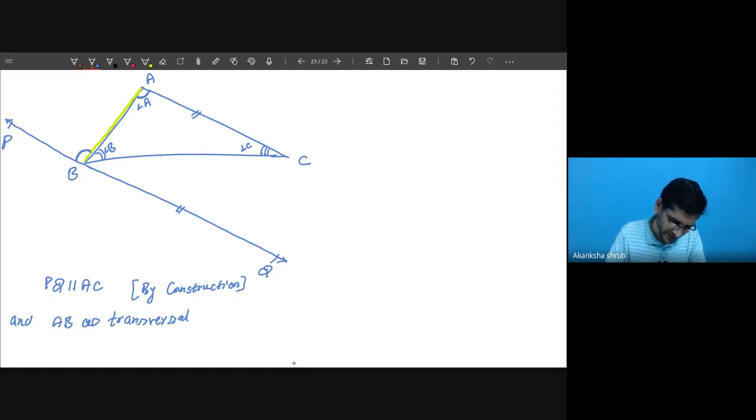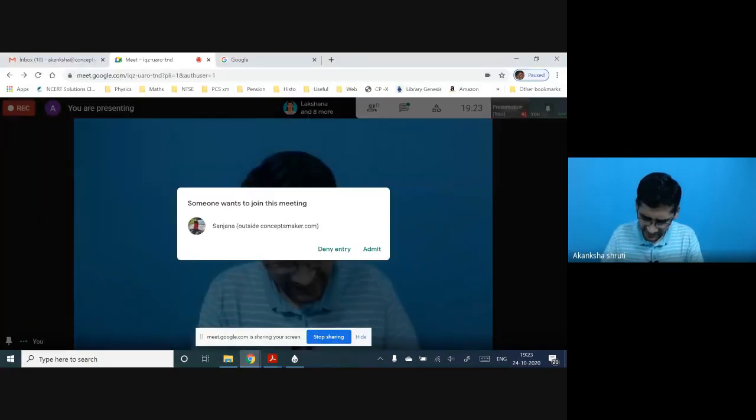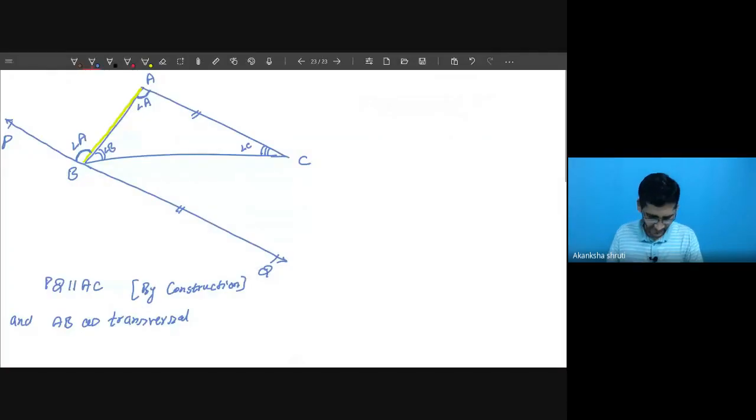It simply means this will also be A. This implies angle PBA is the same as angle A. Why? It is alternate interior angle.